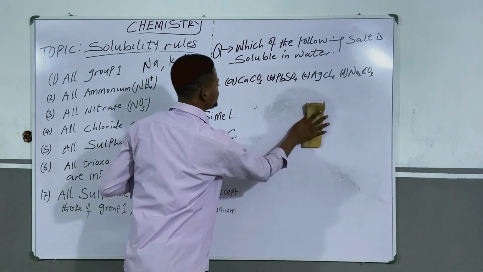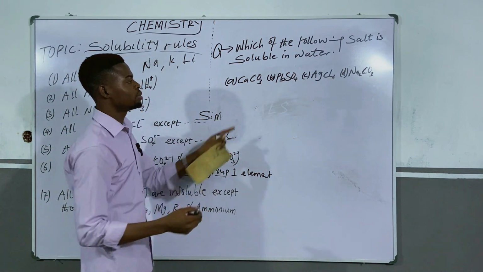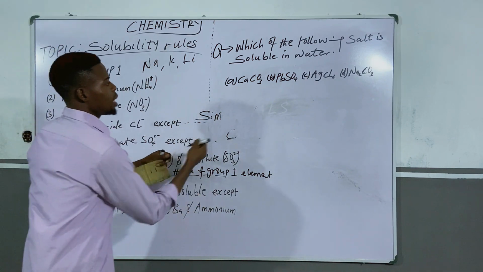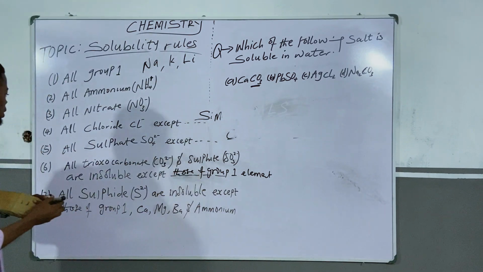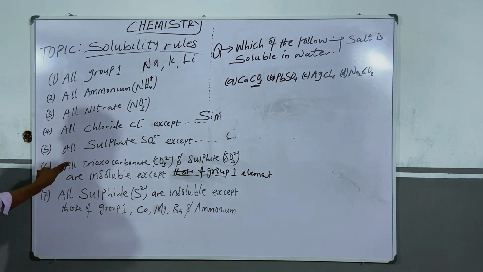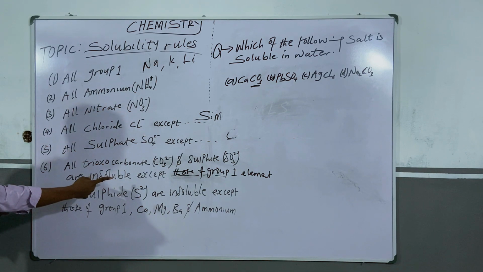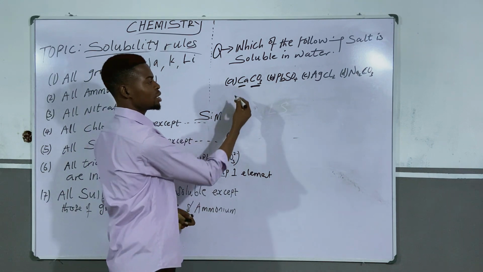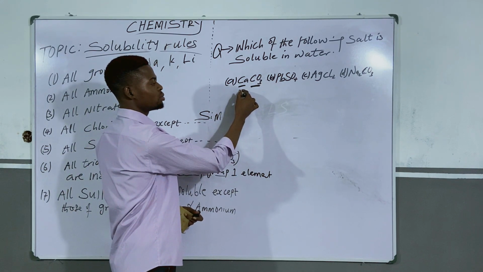Here we have the first one as calcium trioxocarbonate. All trioxocarbonate ions are insoluble except those of group 1. This is not a group 1 element, so this is insoluble.